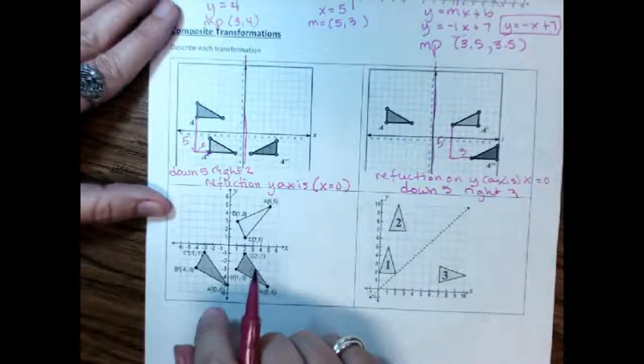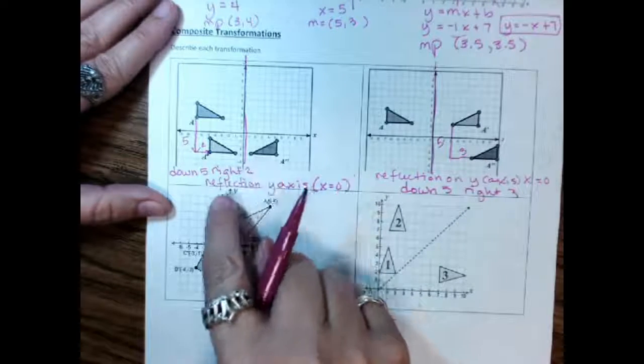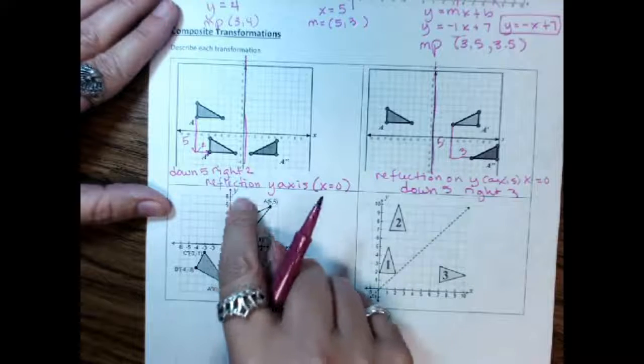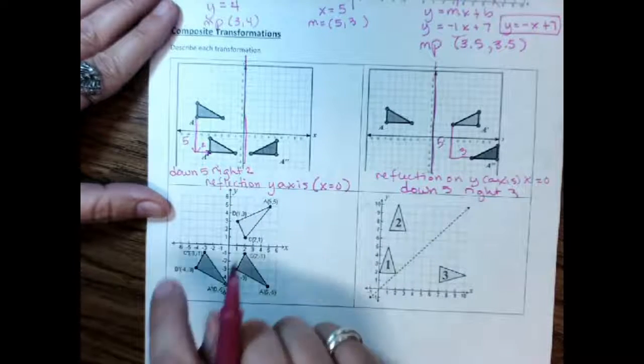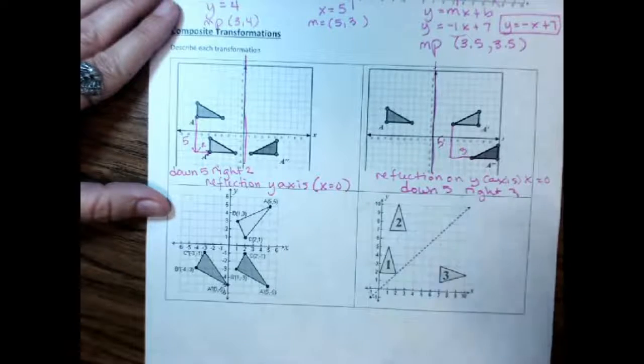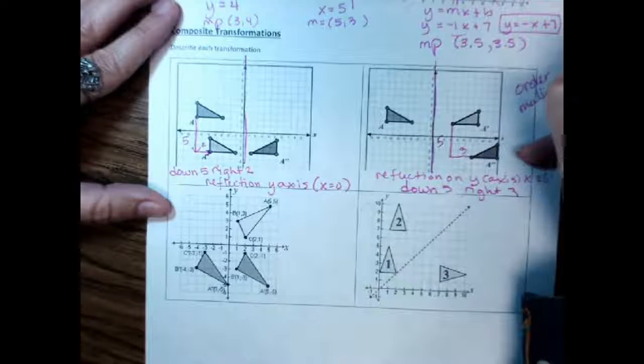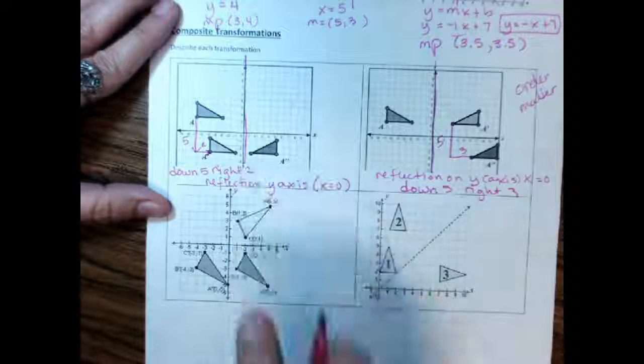So this one is not anywhere close to this one. Does the order that I do the two different transformations matter? If I slide, then reflect, is it the same thing as reflect and then slide? Those are not even close to the same, so the order matters when I'm doing them. I have to do them in the same order that the question asks.